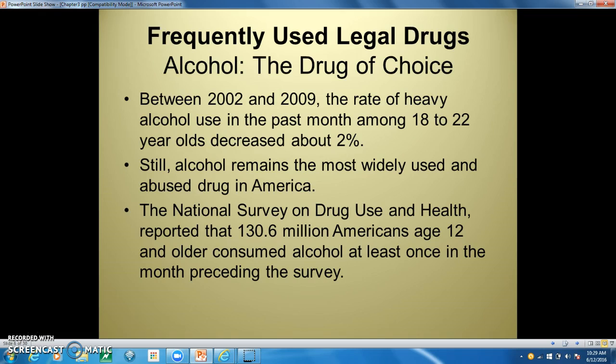Now, we want to briefly go over some frequently used legal drugs. Alcohol does tend to be the drug of choice in the United States. It remains the most widely used and abused drug in the United States.